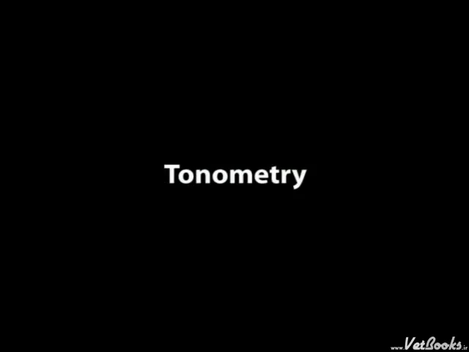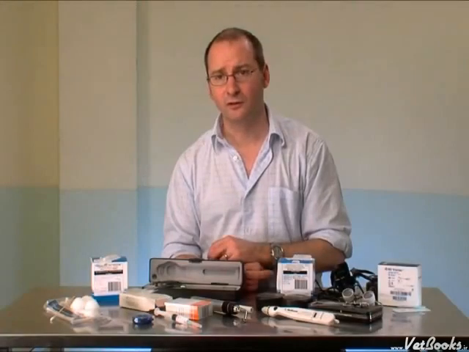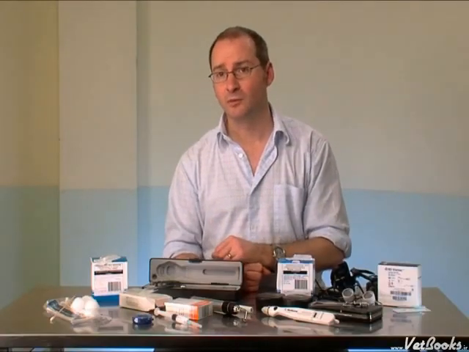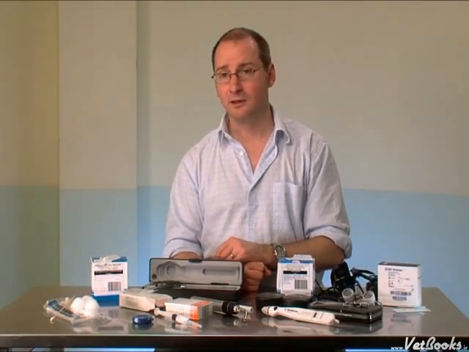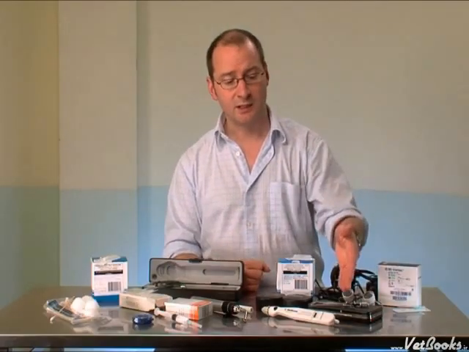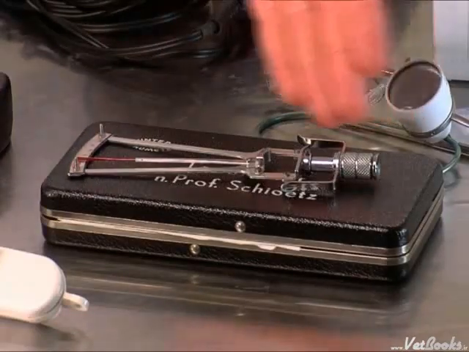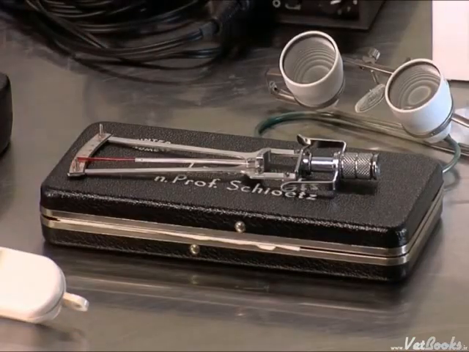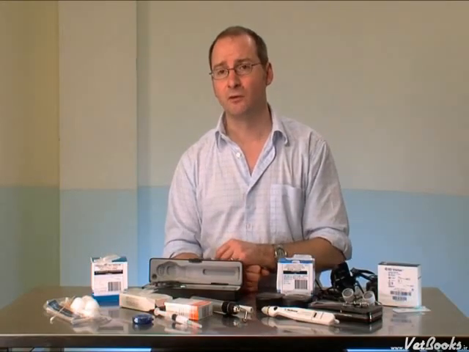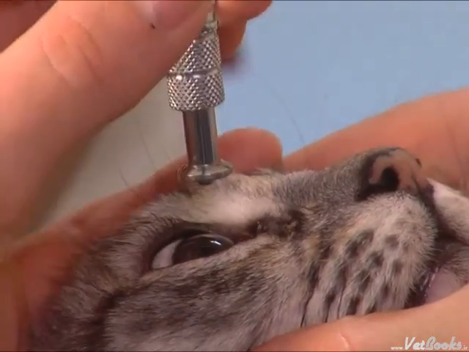Further ancillary tests: if you've got pain or concern of vision or abnormalities with the globe itself, you might be concerned about pressure, and I think it's important to have some sort of means of measuring pressure. I recommend the Schiotz tonometer as a very good instrument for private practice because it is relatively cheap and affordable and will give you an all or nothing.